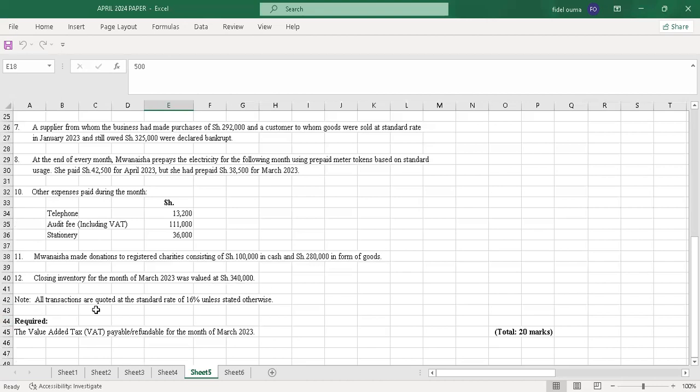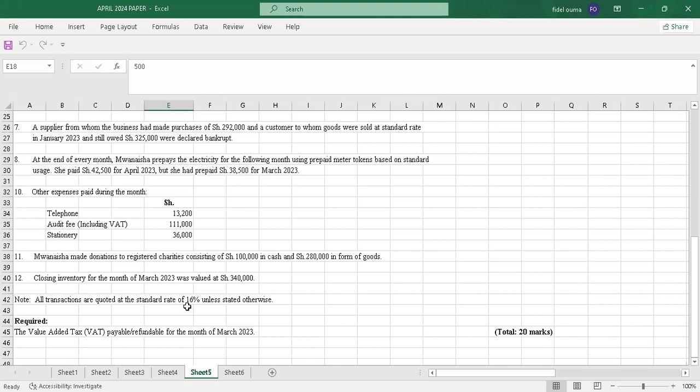The note: all transactions are quoted at the standard rate of 16% unless stated otherwise. So it means that these transactions were quoted at the standard rate of 16%, so they were VAT inclusive.